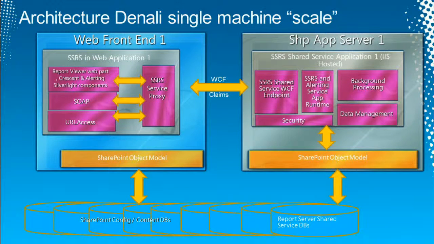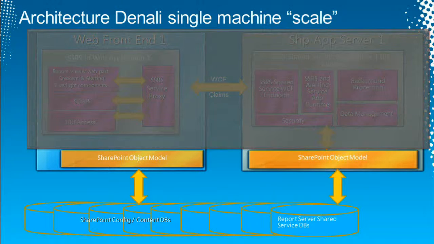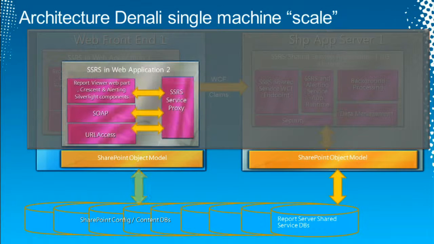Another scenario is the way I look at it: behind the scenes of the Web App 2 demo that I did is what actually happened when I did all the stuff in the UI. Number one, we had created a SharePoint web application, Web App 2, that had a replica of the report server add-in functionality running with the Crescent and the VO web part where you can see the dashboards and so on.